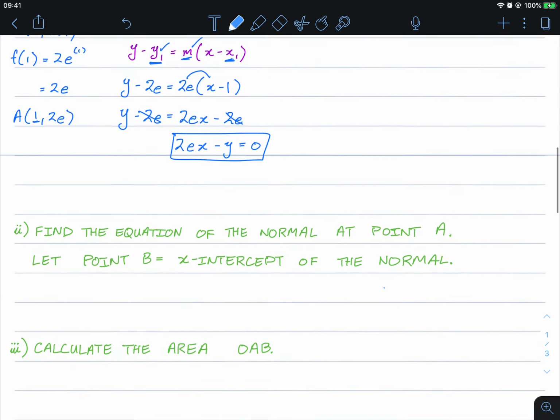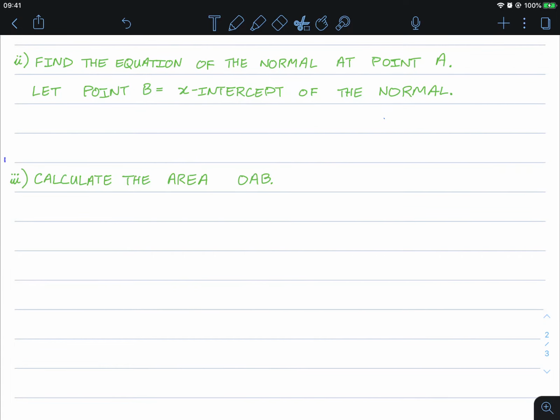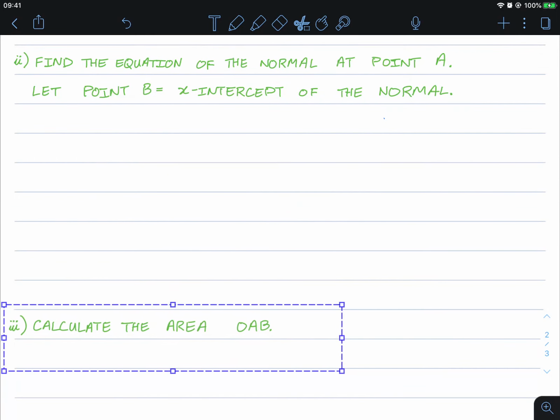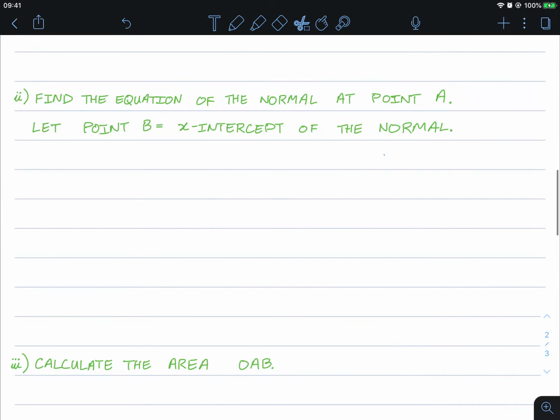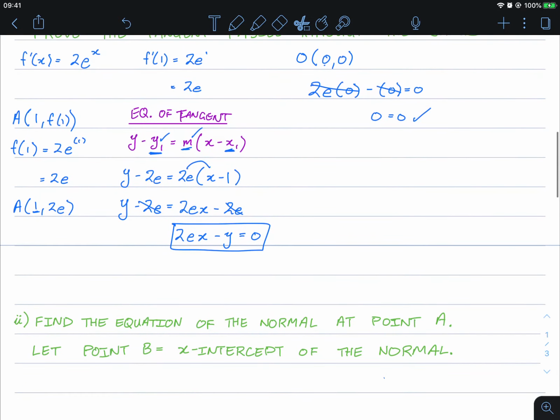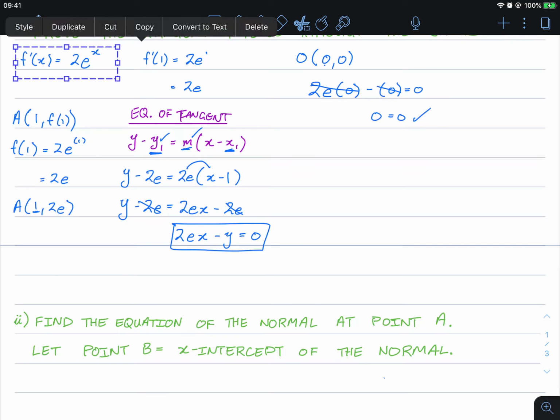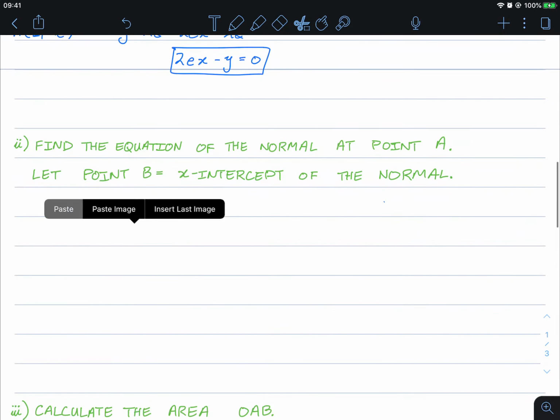Okay, let's now move on to the next question here. Find the equation of the normal at point A. Again, in order to find the equation of the normal, we need the derivative. I'm just going to copy it from here. So we have the derivative.